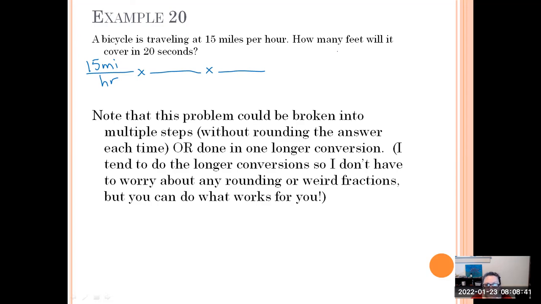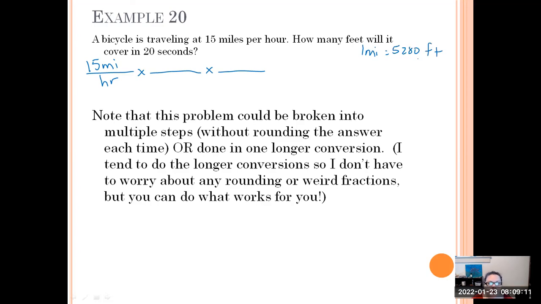If you look at your conversion chart on the left-hand side for the US, where it says 8 furlongs, I kind of moved that over: 1 mile equals 5,280 feet, which is equal to 8 furlongs. So 1 mile is equal to 5,280 feet.